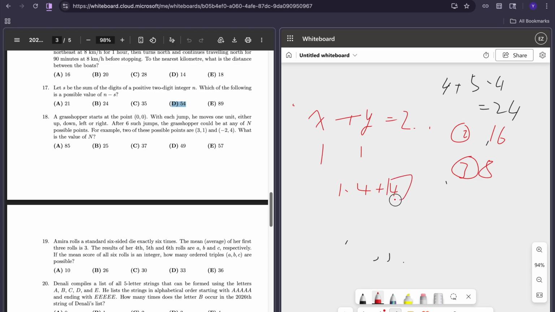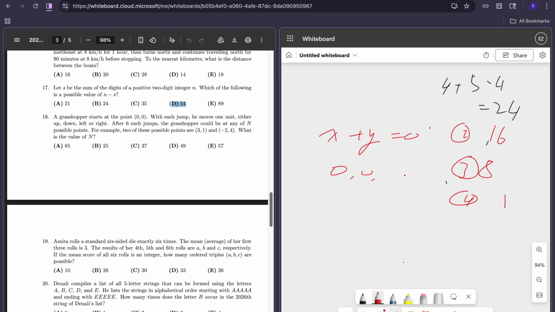This 4 is for the points on the axis, and the 1 times 4 is 4. And the last case, x plus y equals 0, which is only one case, (0, 0).